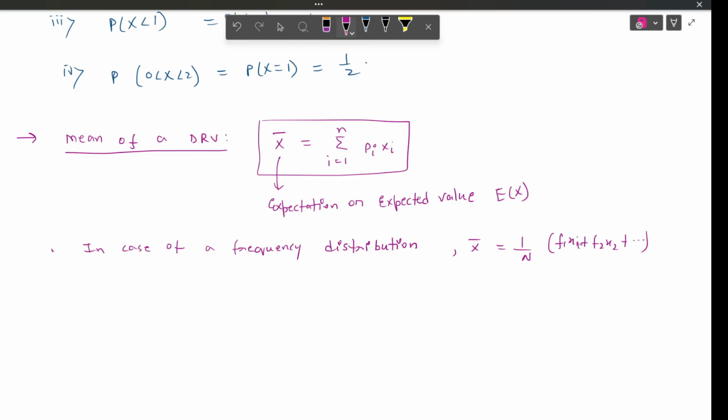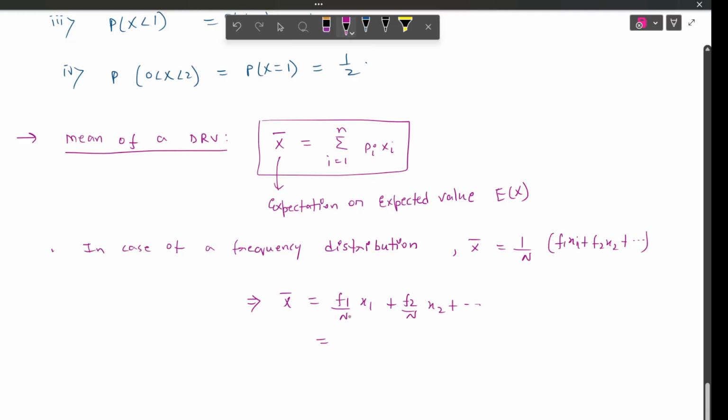See your x bar, now this we can write as f1 by n x1 plus f2 by n x2 in this way. And what is f1 by n? That is probability 1 x1. This is probability 2 x2 in this way.